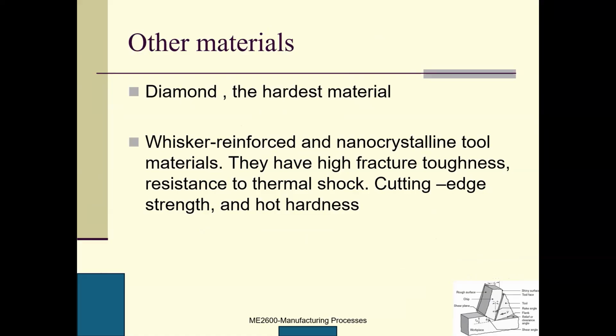These chopped fibers are put into the matrix, and then sintered to get this crystal material. They have very high fracture toughness, resistance to thermal shock, and cutting edge strength, including hot cutting edge strength, and also hot hardness. This is about whisker.